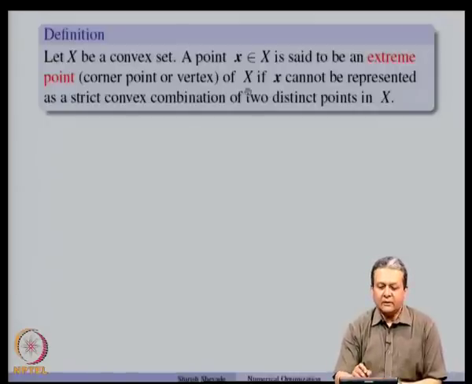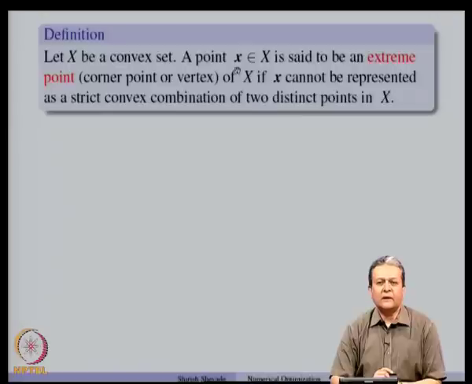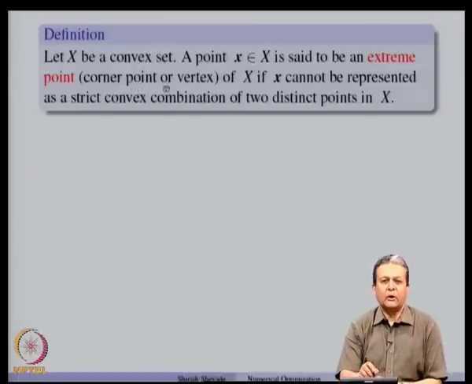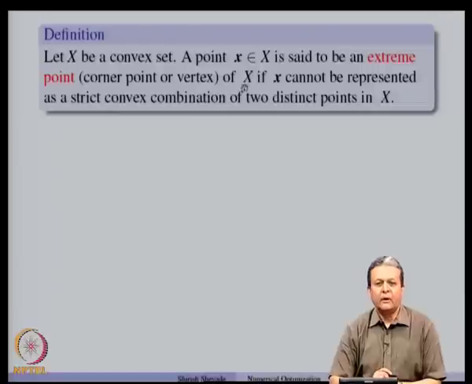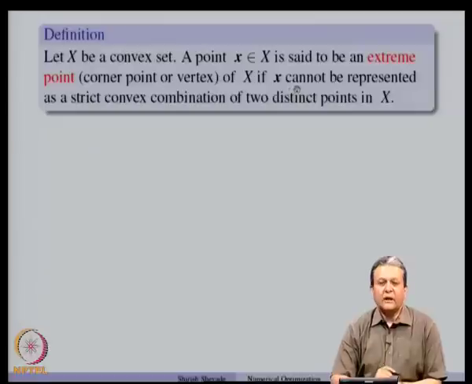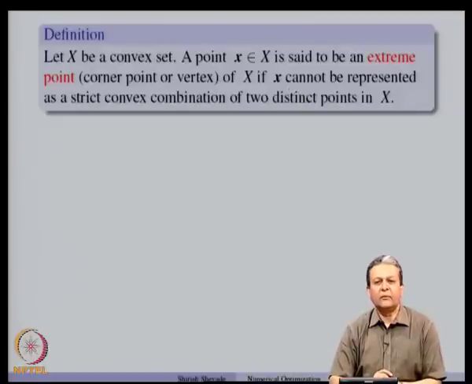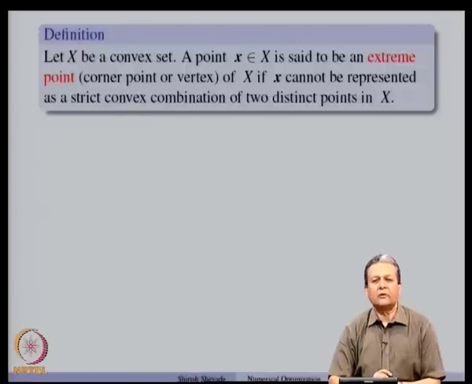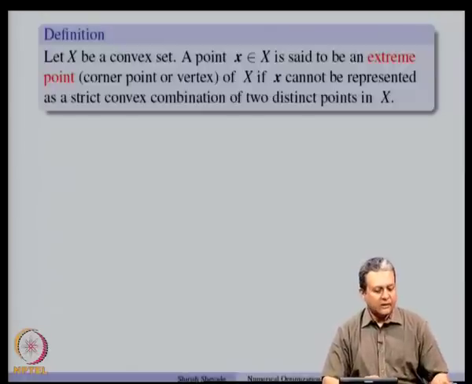Any point x of that convex set X is said to be an extreme point, which is sometimes also called a corner point or a vertex of X, if that point x cannot be represented as a strict convex combination of two distinct points in X. So, if a point belonging to the given convex set X cannot be represented as a strict convex combination of two distinct points in X, then such a point is called an extreme point, corner point or vertex of X. We will illustrate this using some examples.